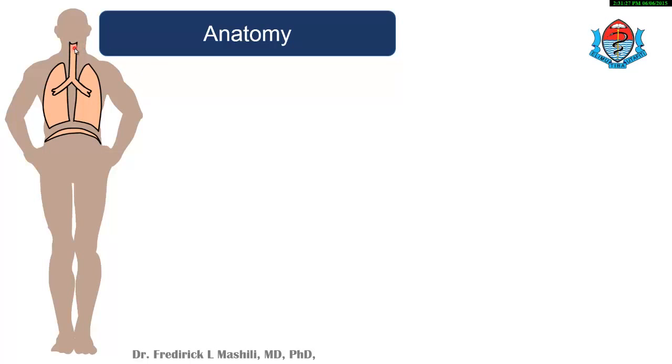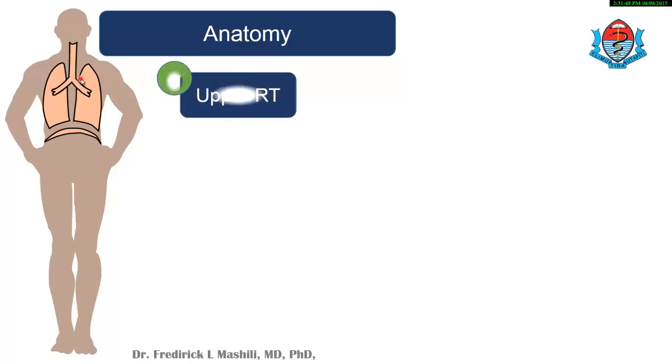Obviously, you have the tracheobronchial tree, the lungs, and the diaphragm as the muscle of respiration. You need to understand all these structures because they have a direct relationship to the clinical concepts that we are going to discuss.